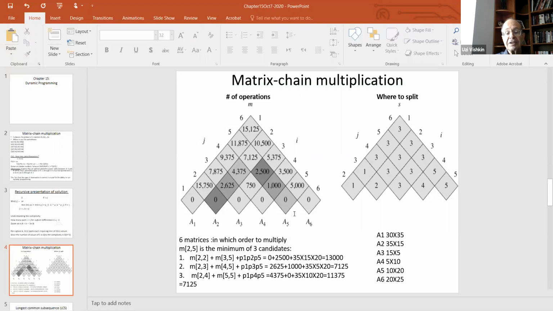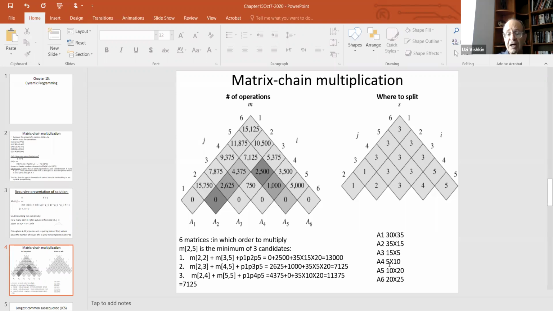What is this? This is A2 times A3. 35 by 15 times 5. Again, that's the correct number. This is A3 times A4. So 15 times 5 times 10, right? Yeah, so 15 times 5 is 75, times 10, 750, okay?